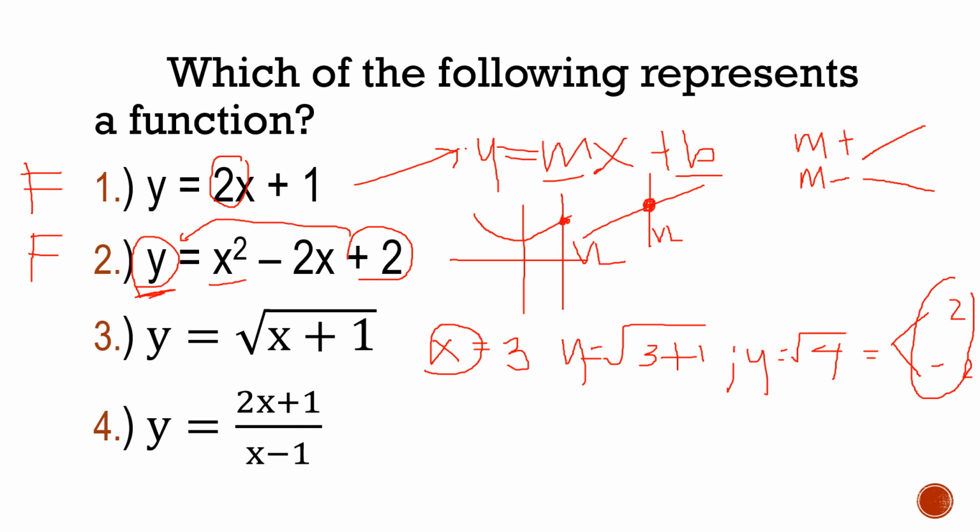So how can we graph this one? Your 3 can be mapped to both positive 2 and negative 2. So the relationship between your domain and your range, which is your 3 and 2 and negative 2, is one to many. So meaning to say, this equation number 3 is a relation but not a function, because it represents a one to many relationship.